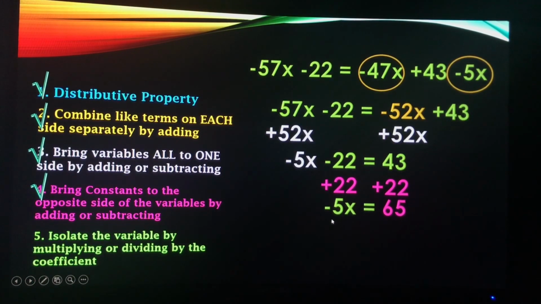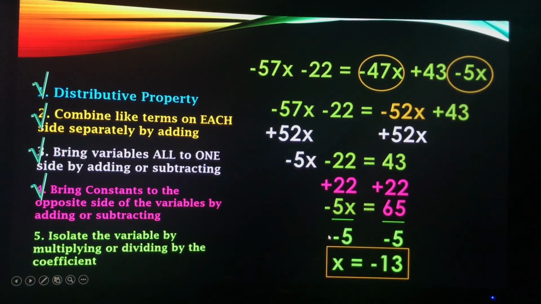So since I'm multiplying negative 5 times x, to undo multiplication, I'm going to divide, and I'm going to do that to both sides. That leaves me with x equals negative 13. I've solved, I've gotten the variable by itself. Be sure that you do plug negative 13 back in and check. Had you done that, you would have seen that it is in fact correct.